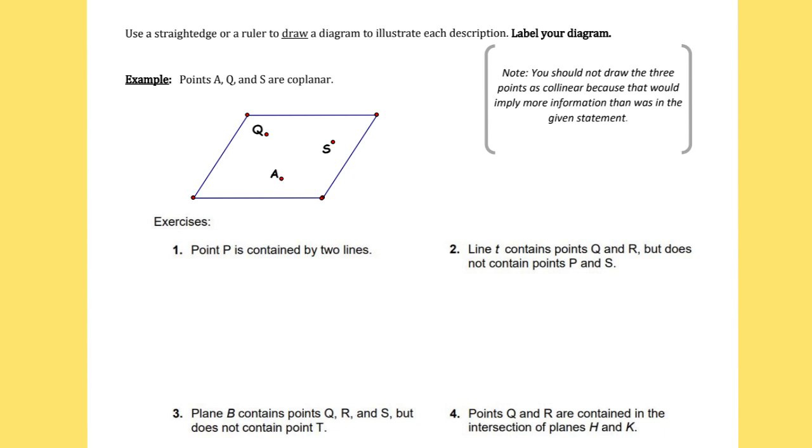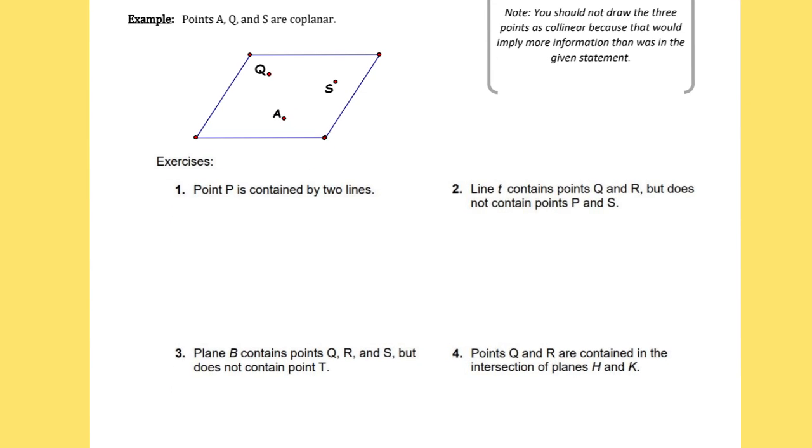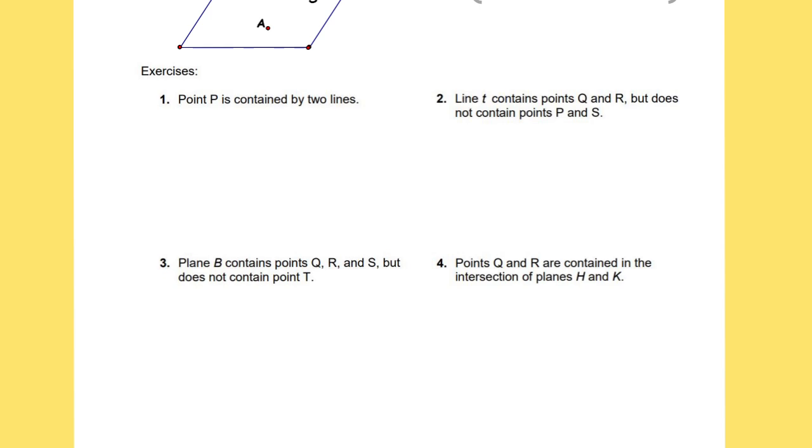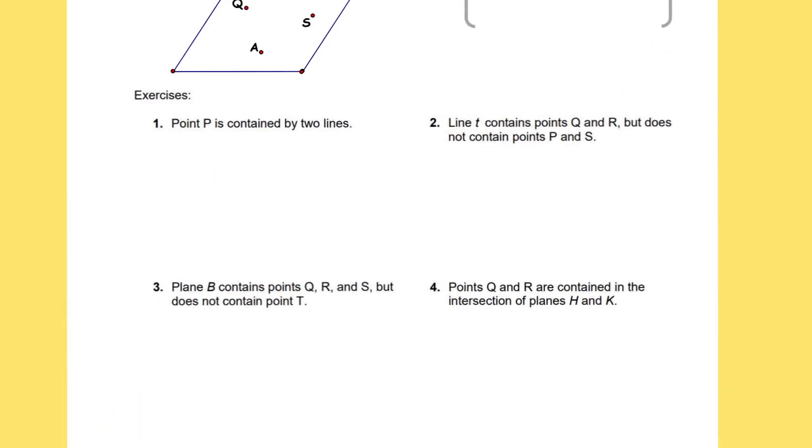Okay, so the next one says point P is contained by 2 lines. So it doesn't talk about a plane. It says we have a point P, and it's contained by 2 lines. So we would take a ruler, and I don't have a ruler in my toolbox here, but I'll take 2 lines. I need to get a writing utensil here.